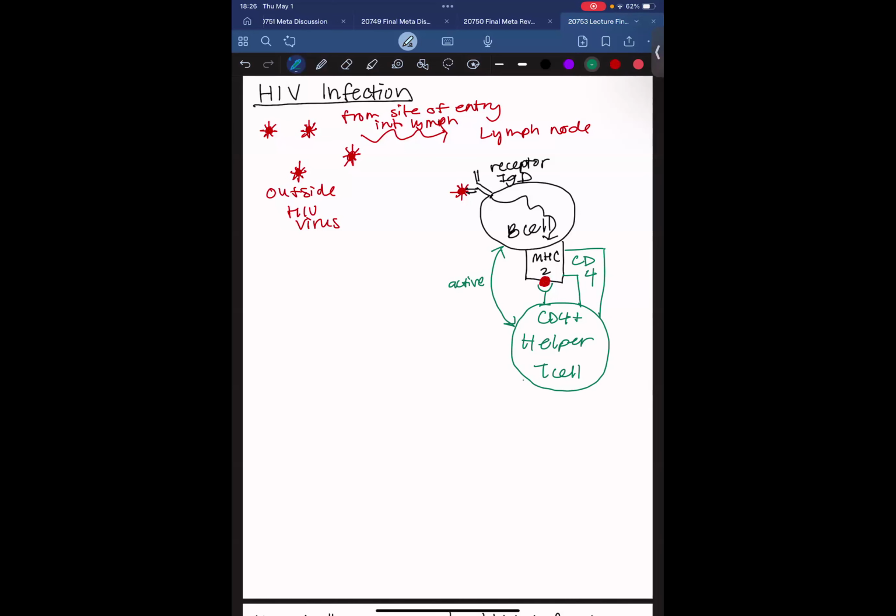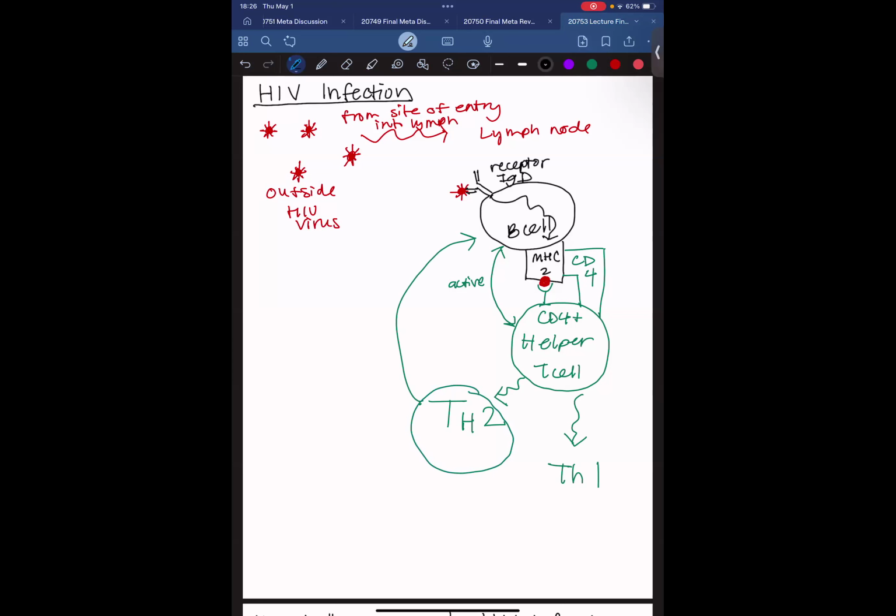And then this will produce TH2 cells as well as TH1 cells. The TH2 cells are the ones that can help promote this response and then lead to the antibody stuff.